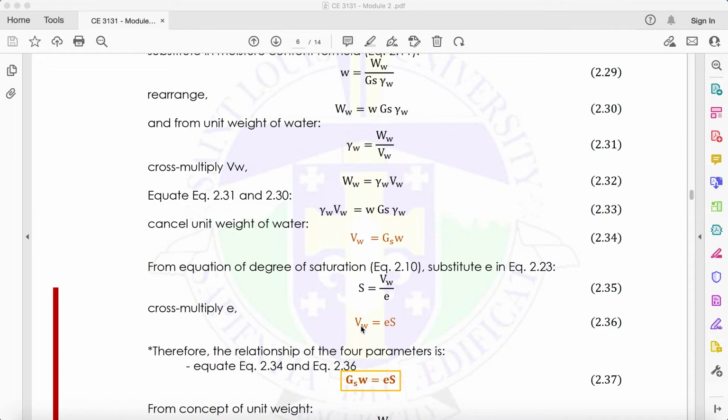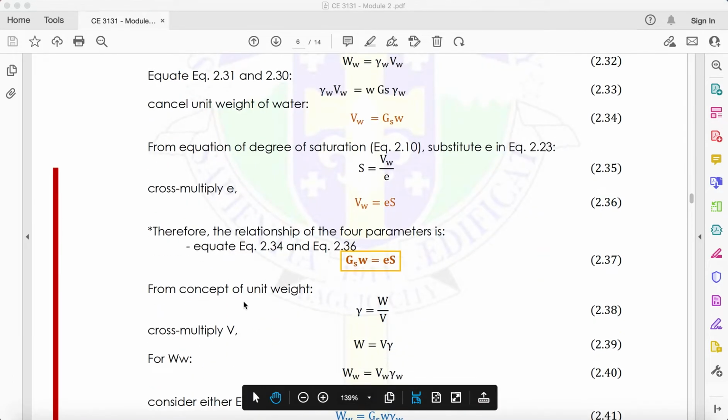Okay, volume of water therefore is equivalent to ES. But Vw here from our derived equation, we substitute. So specific gravity times moisture content, so Gs w is equivalent to ES. So this is our working equation.